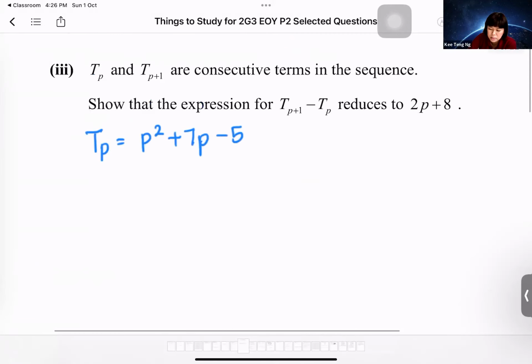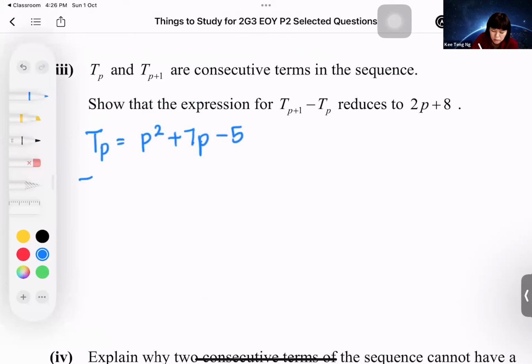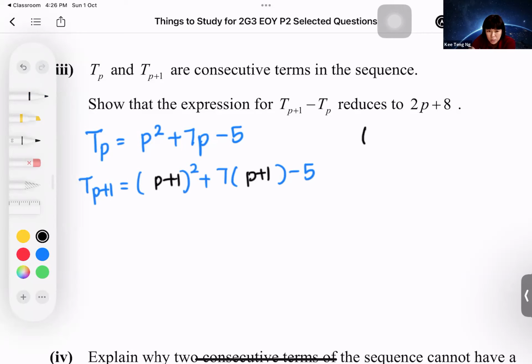But what is TP plus 1? TP plus 1, I'm replacing my letter n by p plus 1. So you notice I put brackets for it. Okay, so in this case, I'll put this as p plus 1, p plus 1. Bear in mind, what is p plus 1 whole thing squared? P plus 1 whole thing squared is p plus 1 times p plus 1.